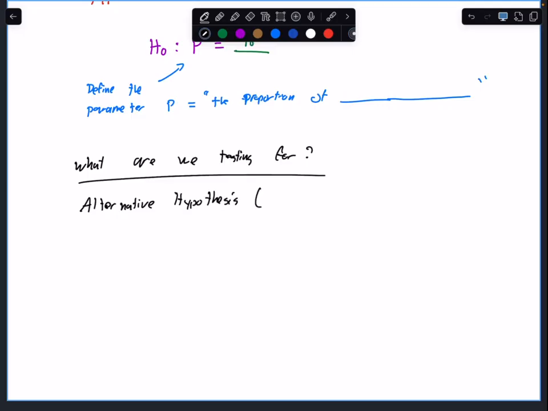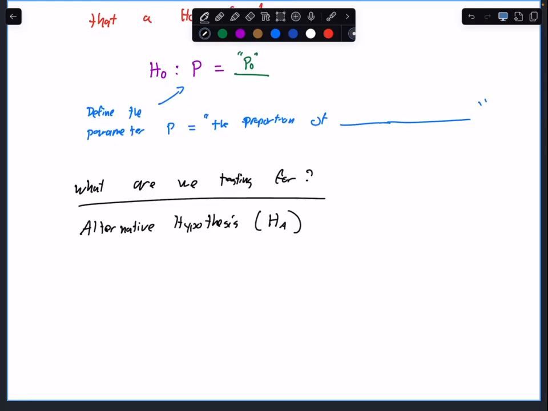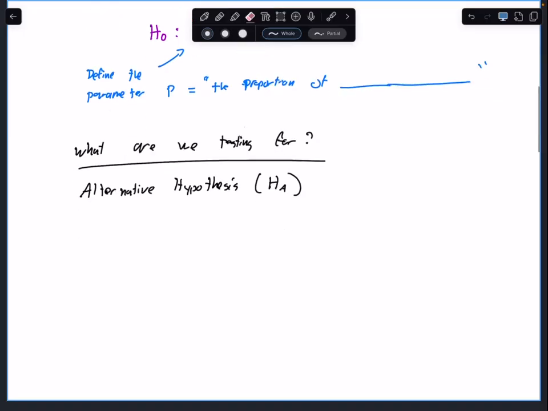And the notation we use for the alternative hypothesis is H with a subscript A. In the case of a criminal trial, the null hypothesis is that they are innocent. That's what their default is. And the alternative hypothesis is what? That they're guilty. Okay? So null hypothesis, innocent. Alternative hypothesis, guilty. And what we're looking for is evidence that they are guilty. We are looking for evidence of that alternative hypothesis.